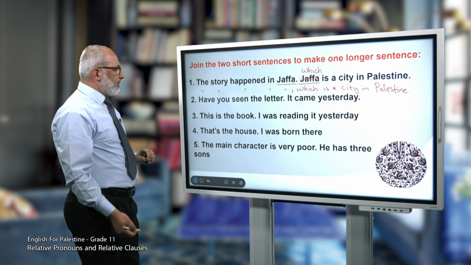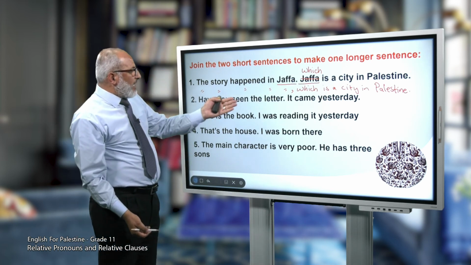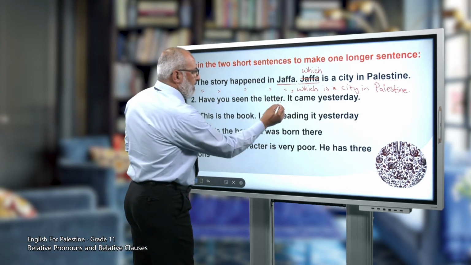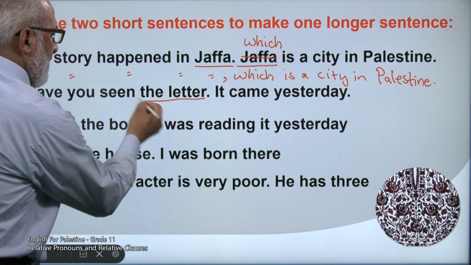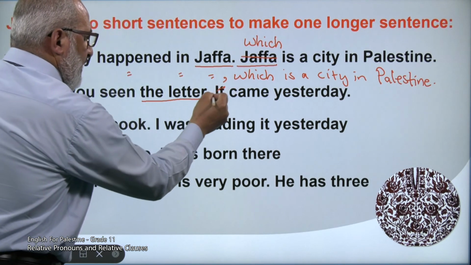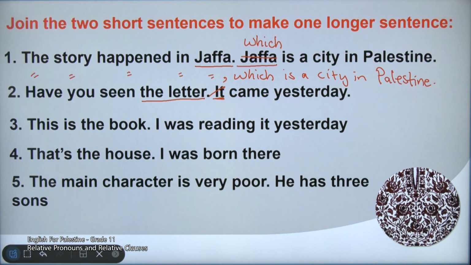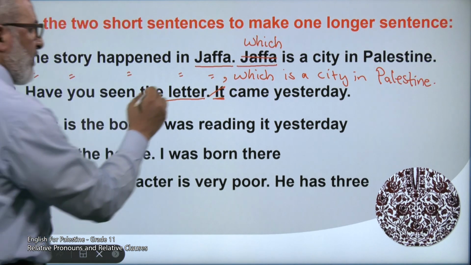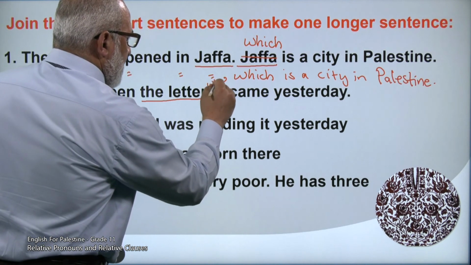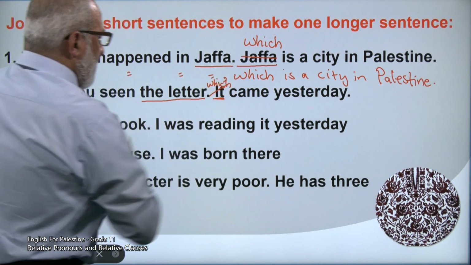The second one. Have you seen the letter? It came yesterday. Again here, the letter and it. Yes, we omit this pronoun and put which instead of it, okay, because it is a thing.